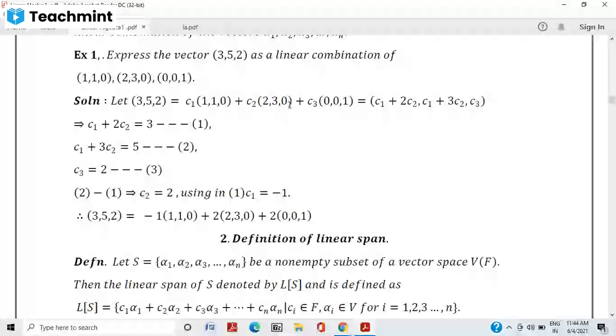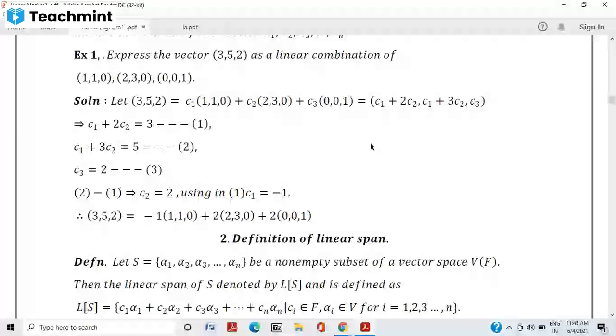Next term, 0, again 0, then C3. Then what do we get? It is C3. Now we got 3 equations. Then how many unknowns are there? 3 unknowns are there, C1, C2, C3. Now we will solve these 3 equations with 3 unknowns.